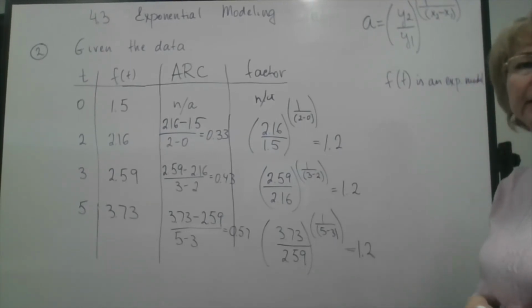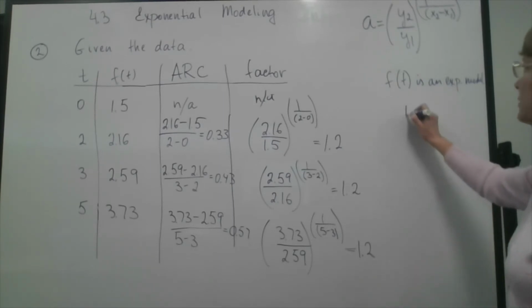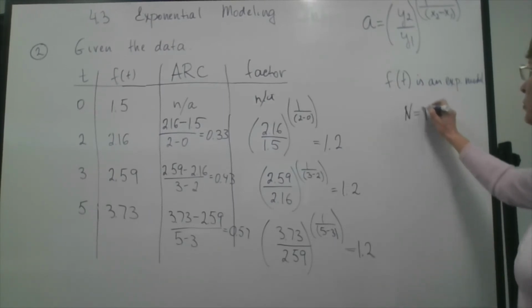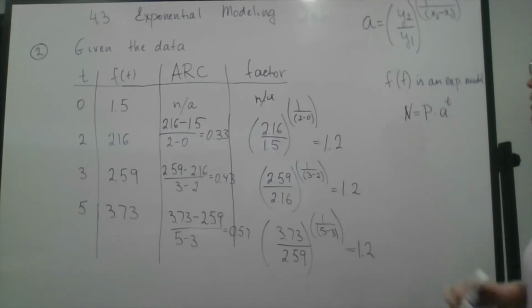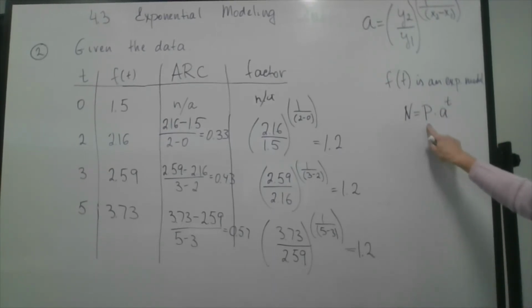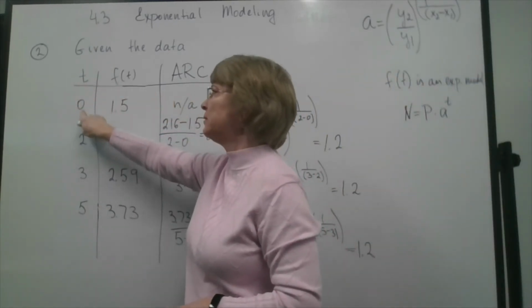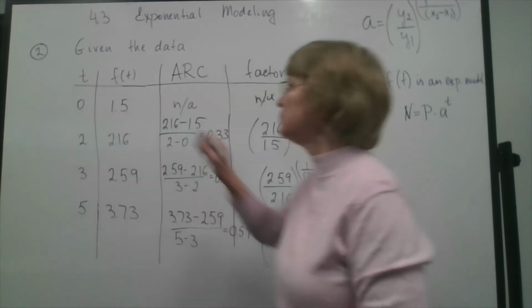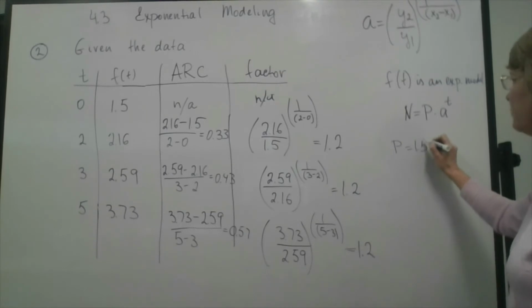Now we have to find the equation of the exponential model. You always start with this: n equals p times a to the t power. Do we know p? What is p? P is our initial value. Yes, we know because my t is 0 here. So this is my initial value. My p is 1.5.